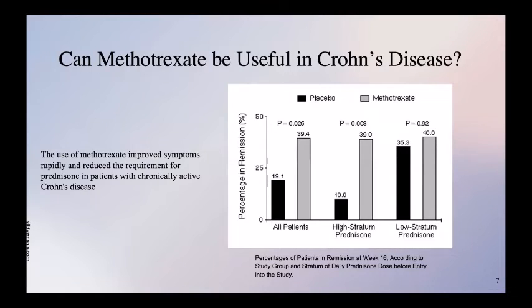In the high prednisone stratum, this outcome occurred in 39% as compared to 10%. In contrast, 14 of 35 patients receiving methotrexate in the low prednisone stratum, 40%, had the primary outcome as compared to 35% receiving placebo.